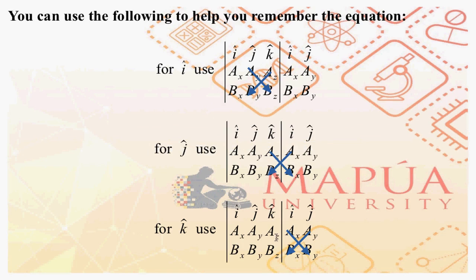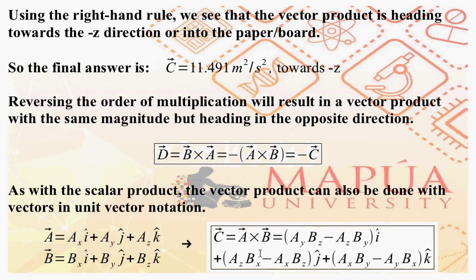And then, move on to the next column, k hat. Cover k hat, and then cross multiply the i hat and j hat columns. So, AX BY minus AY BX multiplied by k hat.